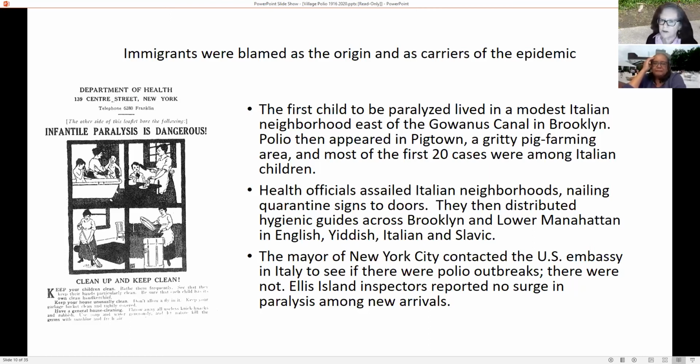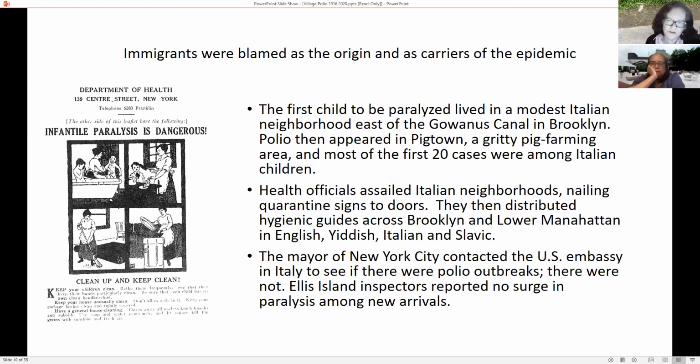You see one here, and they gave them to households and families in tenements across Brooklyn and Lower Manhattan, and they were in many, many languages, reflecting the idea that families needed to understand what they needed to do, how to keep their children safe, how to keep their houses more hygienic.